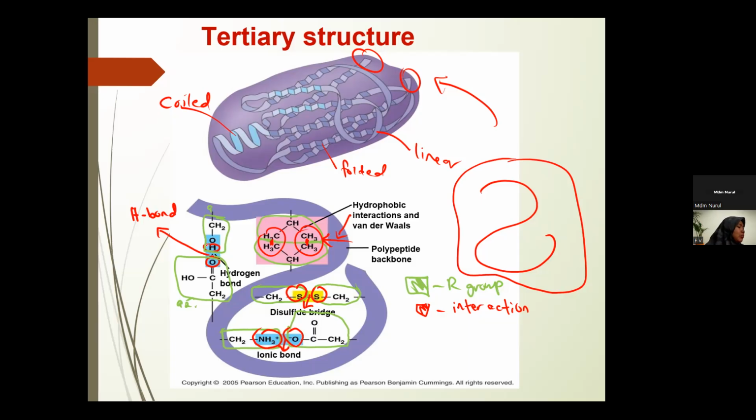Hydrogen bond ni akan terurai. Lepas tu van der Waals pun terurai. Ionic bond yang kat bawah ni pun terurai. Last kali yang akan terurai ialah strong covalent bond tu.